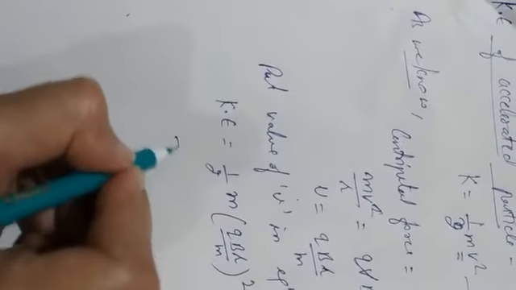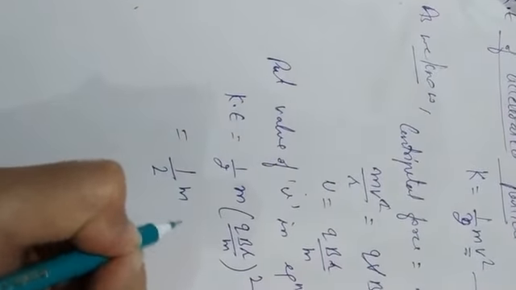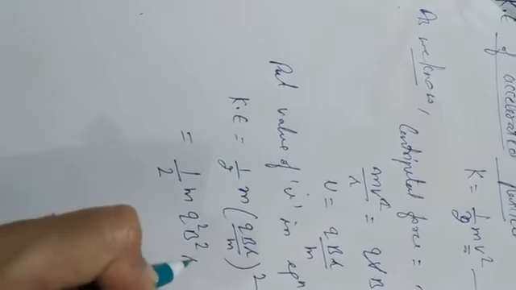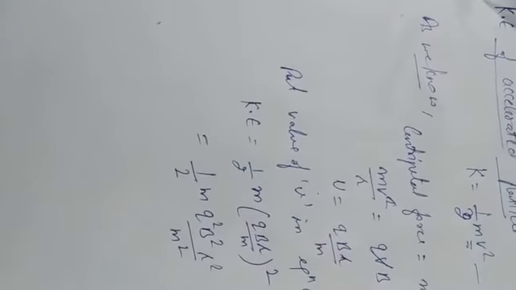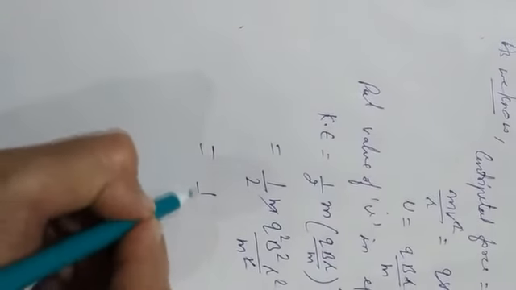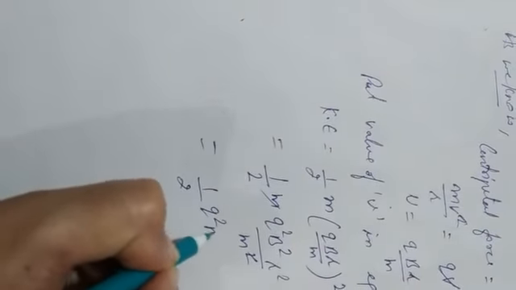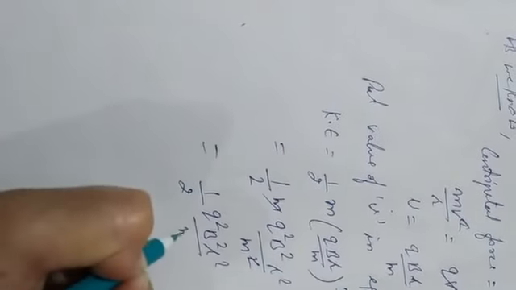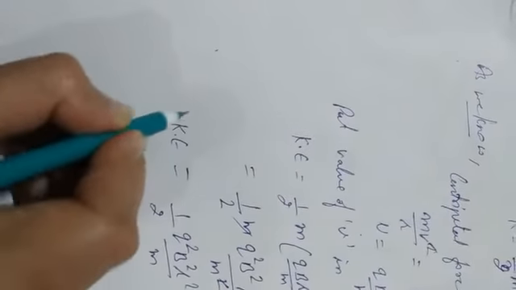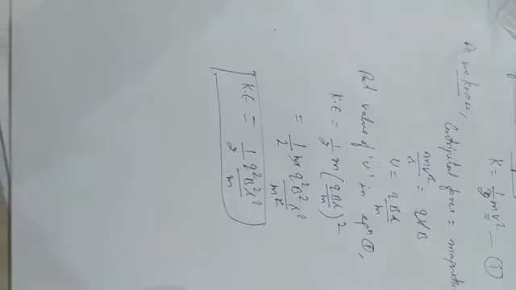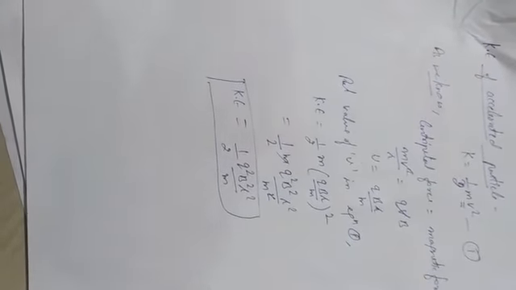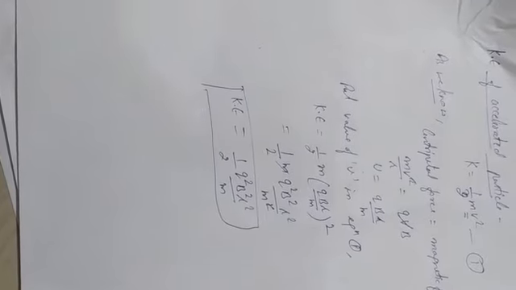Solving, half m q square B square r square by m square. Now m cancels out, and we can write half q square B square r square by m. This is the kinetic energy acquired by the charged particle.